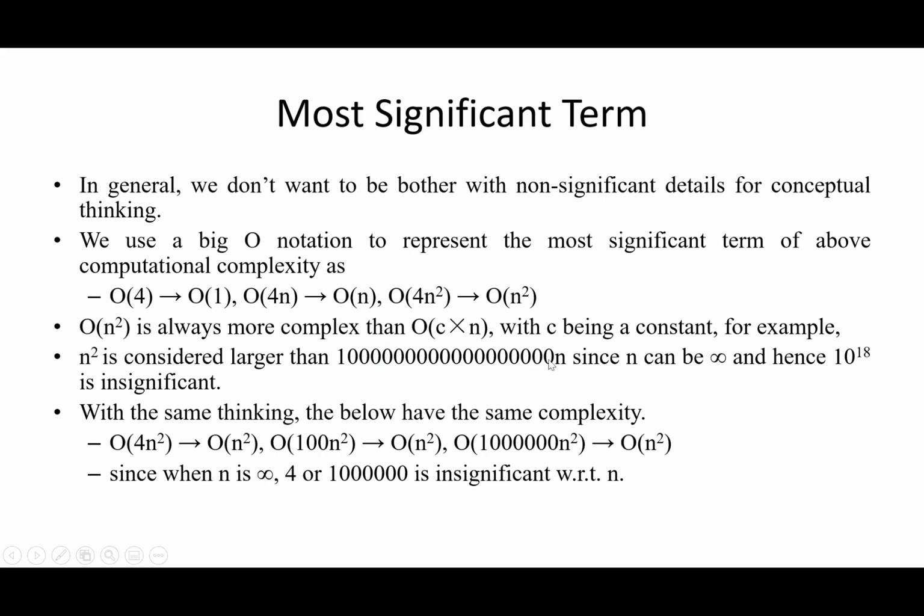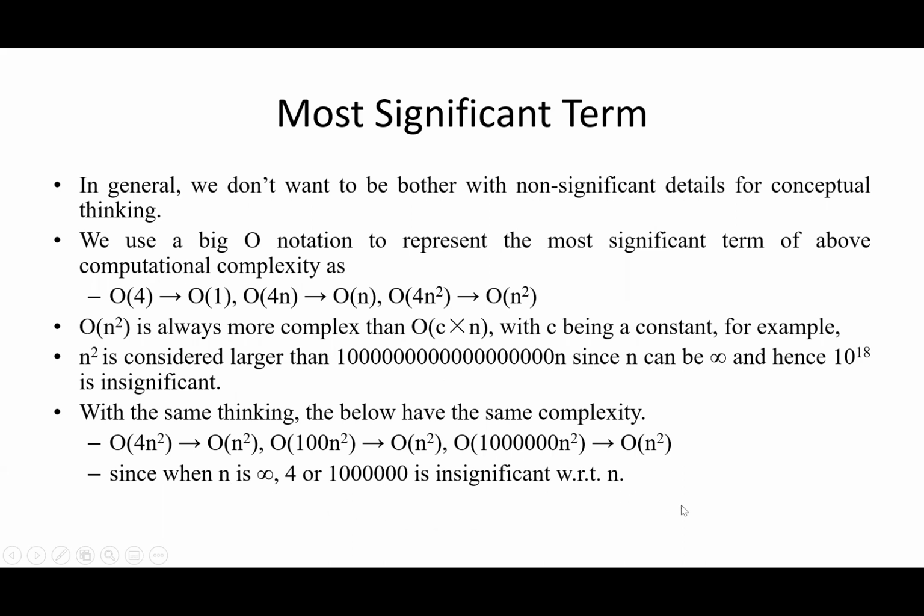So 10 power 18 will be insignificant if your n is infinity. That means infinity to the power 2 is definitely bigger than this. So if you use the same thinking, and you have this complexity, you don't put 4n power 2. We don't look at the 4. We just look at the n power 2. Since if your n is infinity, it doesn't matter whether you have 4 or 10,000 or whatever thousand, it's not significant compared to your n.